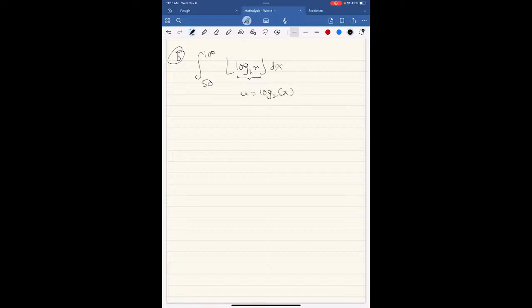If we do that, 2 to the power u is x. Now 2 to the power u log 2 du, because the derivative should also have a log of that number if it's not e to the power x. This is dx.